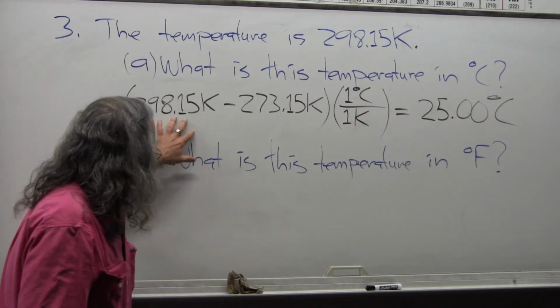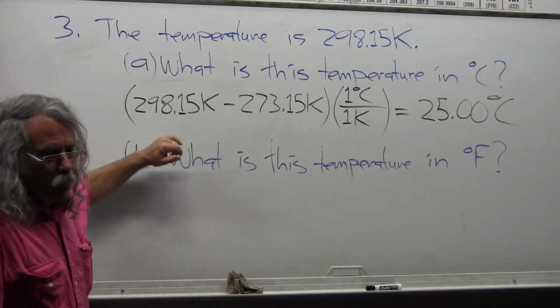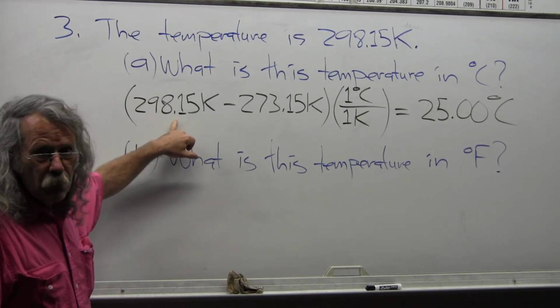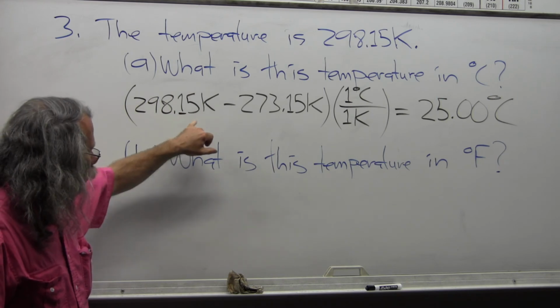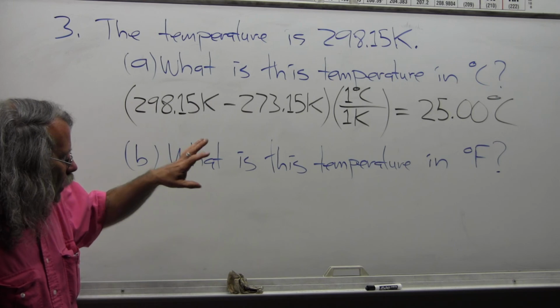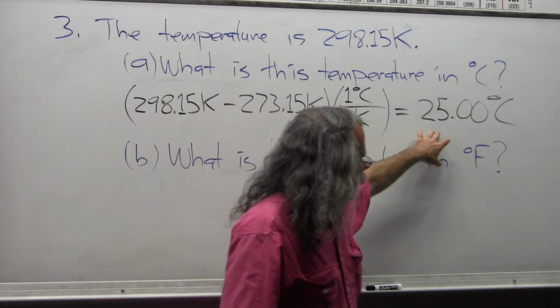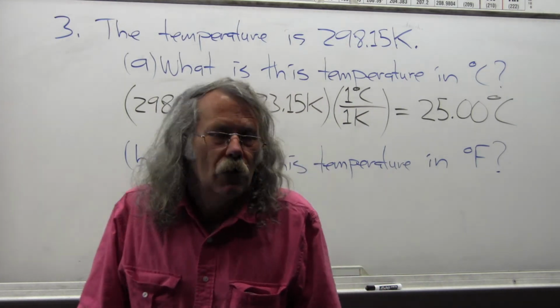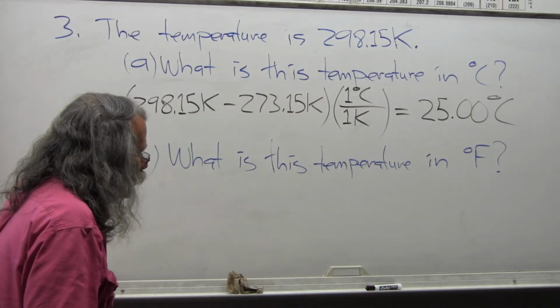And since this was an addition, we have to include no more than the fewest number of digits to the right of the decimal, which was 0.15 in the given information. So I end up with an answer that is 25.00 degrees Celsius. And that takes care of part A.